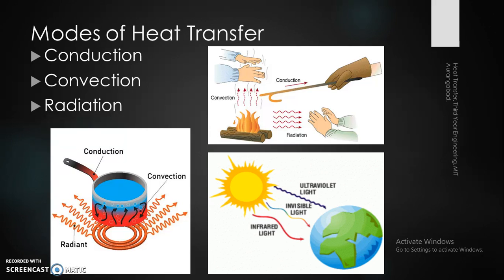One more most important example of radiation is sun rays coming to Earth. This gives us a clear understanding that, unlike conduction and convection, radiation does not require any material medium for the electromagnetic waves to pass and transfer the heat. This is the advantage of radiation, which conduction and convection do not have, because they both require a material medium.